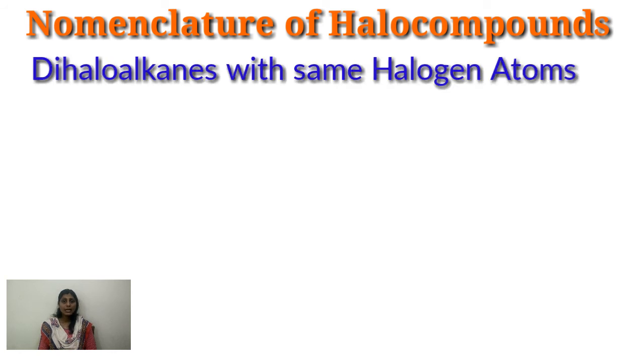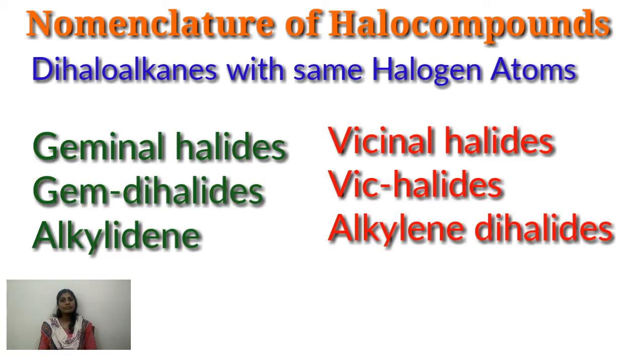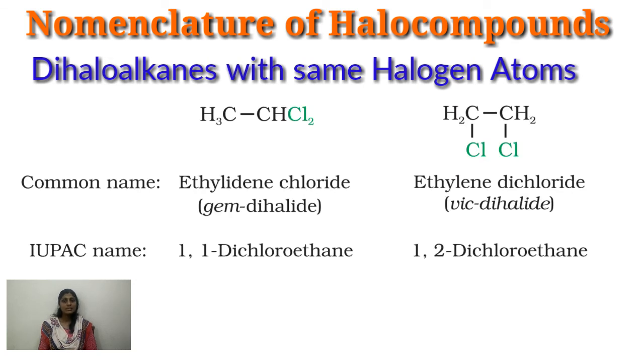The dihaloalkanes having the same type of halogen atoms are named as alkylidene or alkylene dihalides. They are further classified as geminal halides and vicinal halides. In geminal halides, both halogens are present on the same carbon atom. We write them as gem halides. Example, CH3CHCl2, that is a gem dihalide.